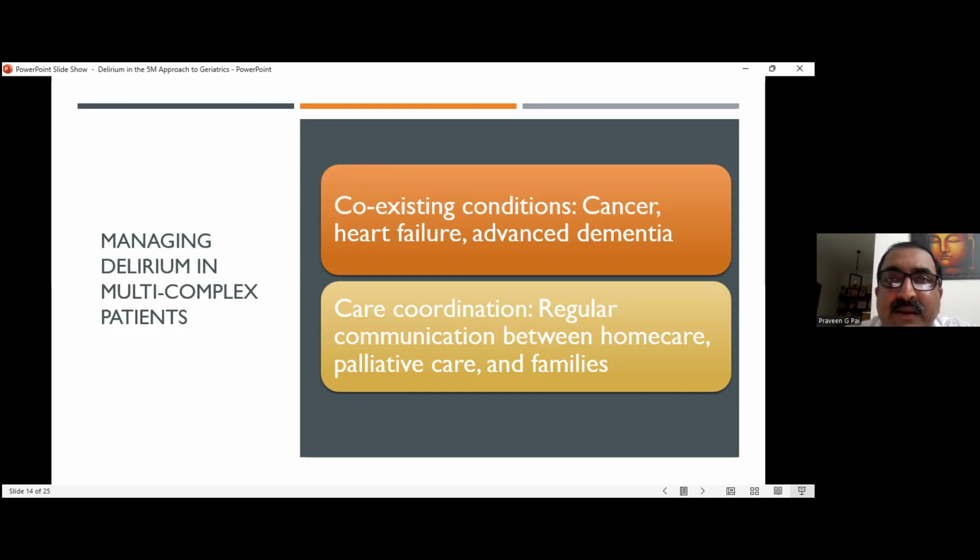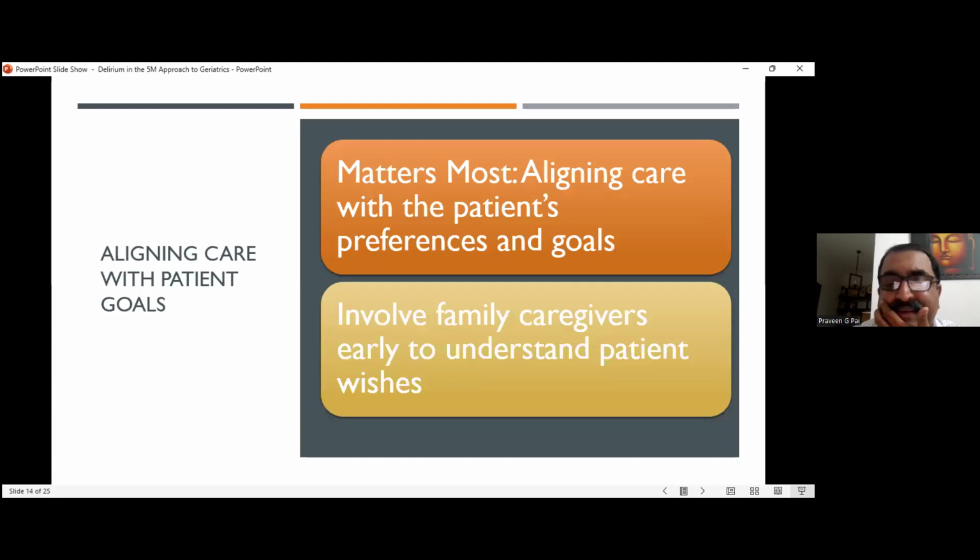So in the long-term plan, think of alternatives, and because multi-complexity is there, think of more collaboration in terms of involving even the community, other community power structures. Everybody has to be in place, especially to have a good coordinated care for the person.